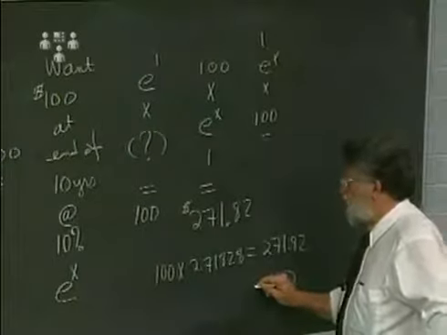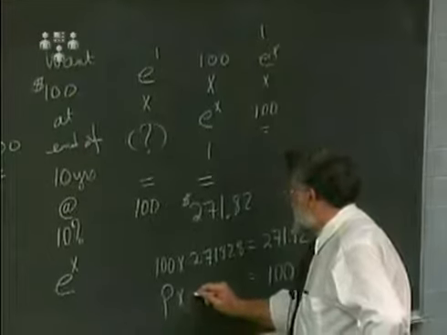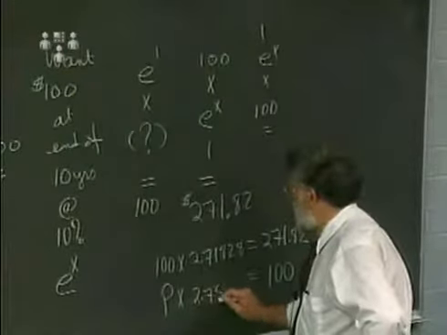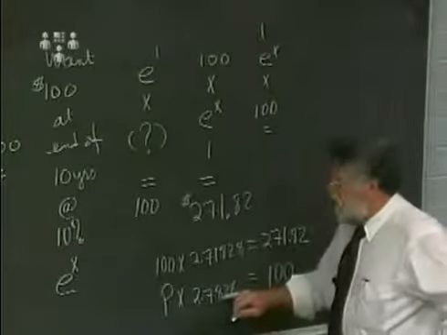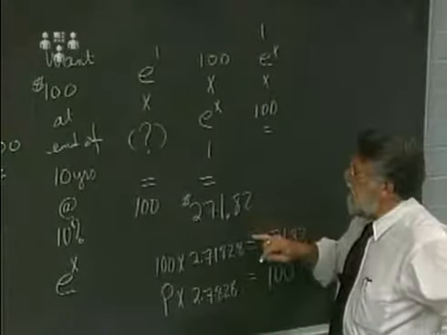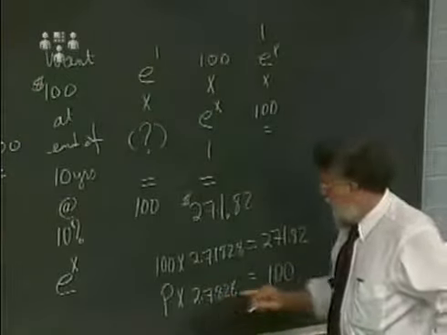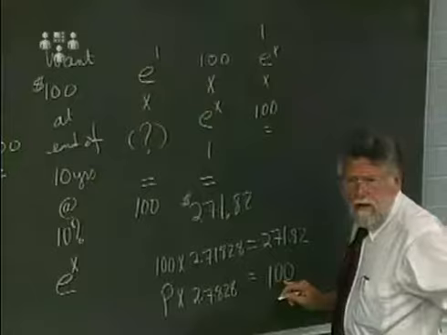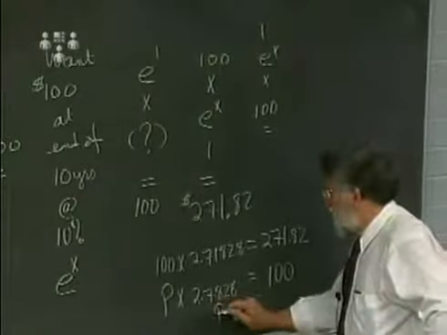Now, if I want this out here, and I want some amount of money here that I don't know, times the 2.71828, because otherwise nothing changes here in terms of what e to the x is. Then I just divide 100 by what? The 2.71828. So you do that for me.